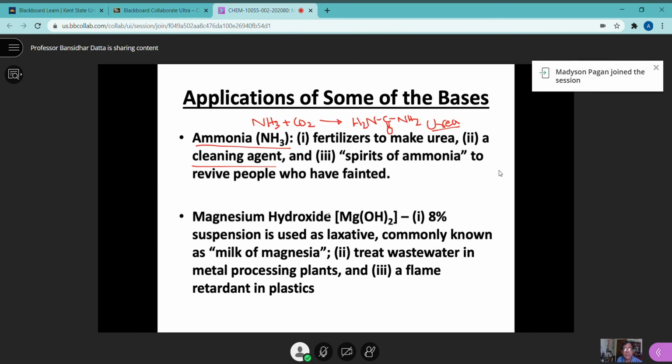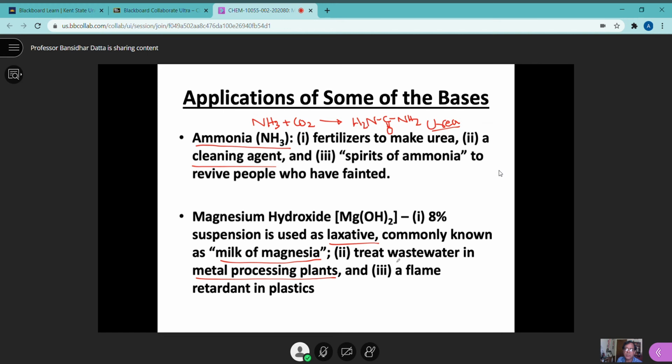Magnesium hydroxide, another base. An 8% suspension is used as a laxative, commonly known as milk of magnesia. We talked about it, right? It's used for acid reflux disease to neutralize the stomach acid, HCl, and it is also used to treat wastewater in metal processing plants. That's a little bit of a commercial application.